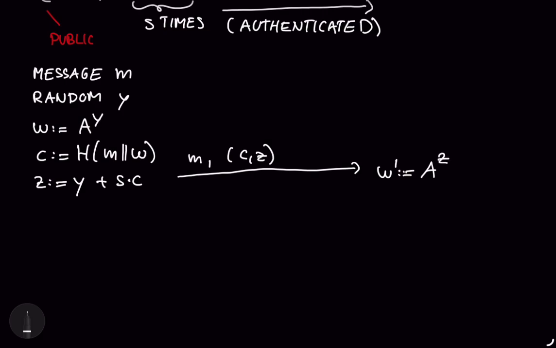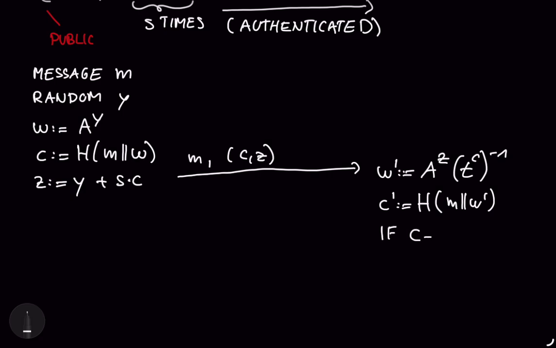Bob computes A to the power of Z, then the public key to the power of C, and then inverts it, and this product yields W prime, and this W prime should recompute the W. And if this is the recomputation of W, then we just have to compute the corresponding C prime, which is hopefully then the C part.